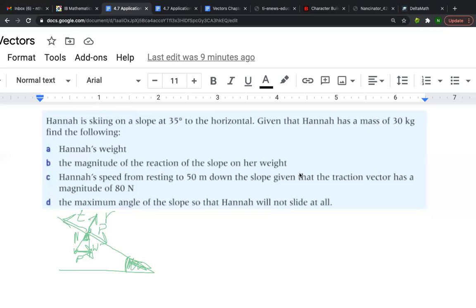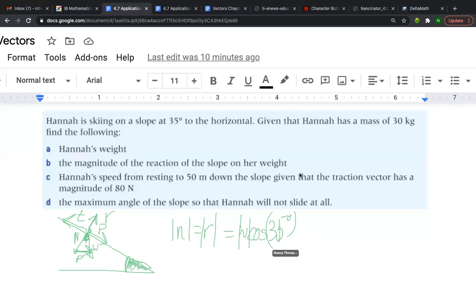The normal to the slope is R, and then the perpendicular projection, this should be the same thing as W cosine of 35. We get that from right here, where we have this angle and then N is adjacent to it, meaning we need to use cosine. This is 35.